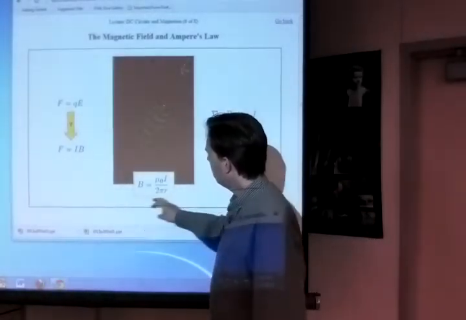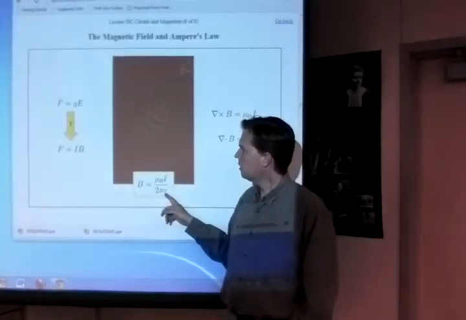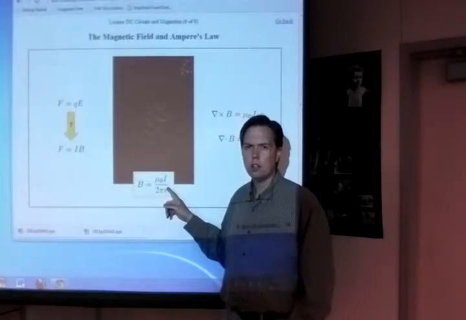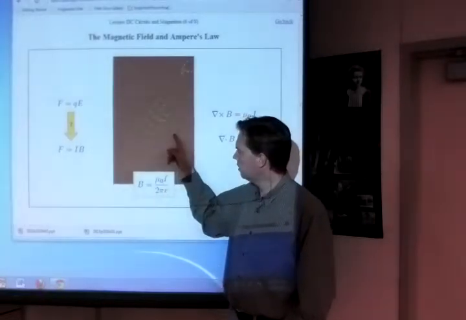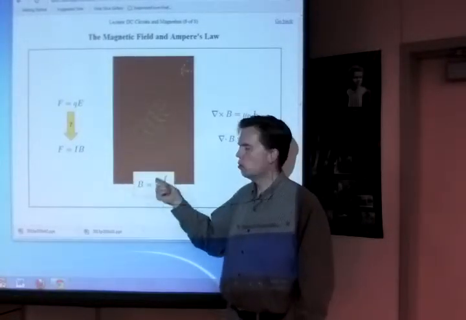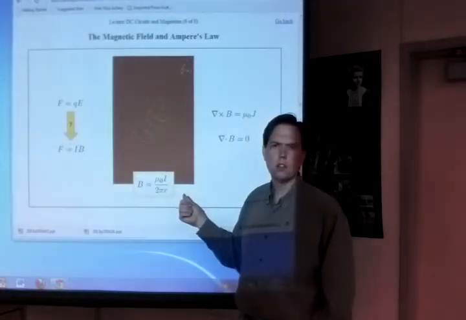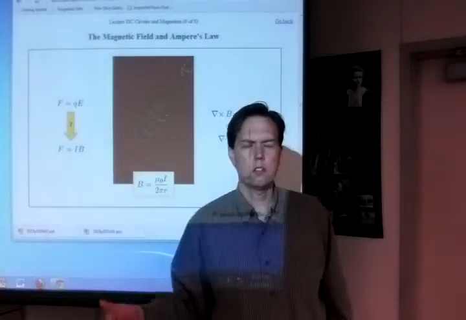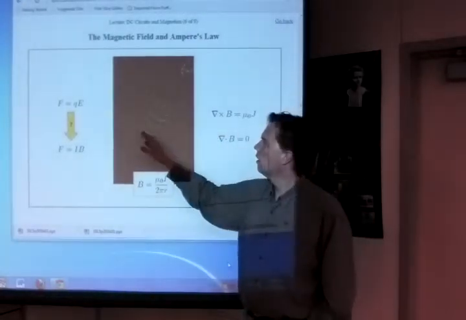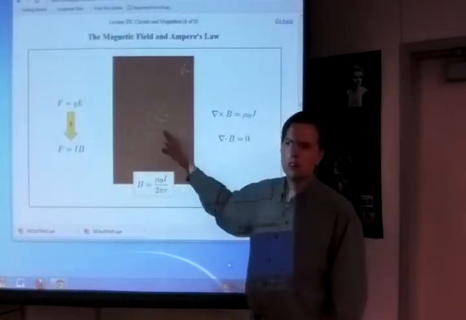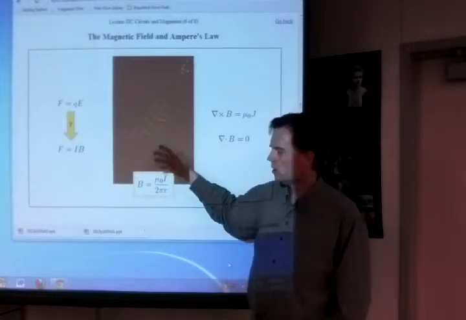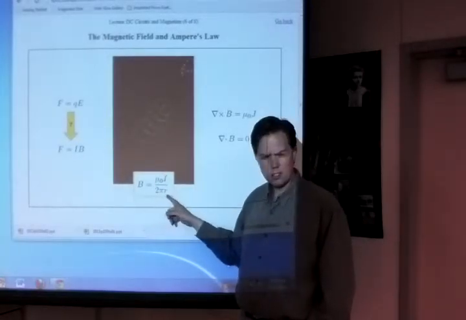This formula here represents the magnitude of the magnetic field given a source of current. And basically it's proportional to inverse distance, right? So the farther you get away, the weaker is the magnetic field. The closer you get, the stronger the magnetic field. It's not proportional to 1 over r squared, though.